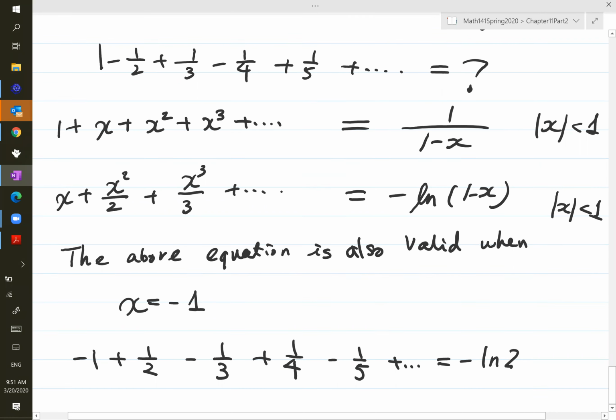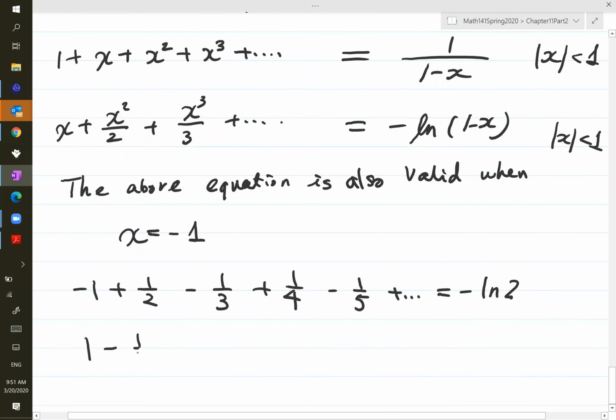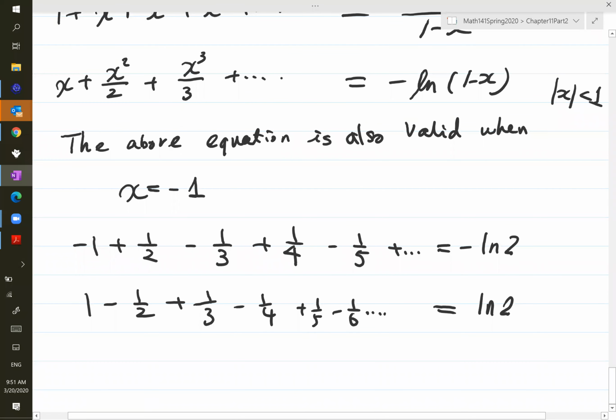So finally we get that 1 minus a half plus a third minus a quarter plus 1/5 minus 1/6, etc., is actually ln 2. And this turns out to be a really ineffective way to compute ln 2.